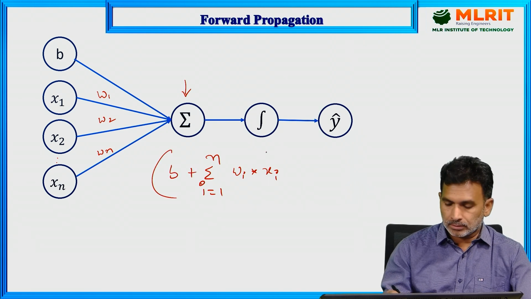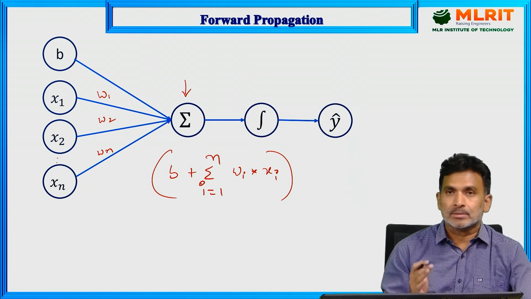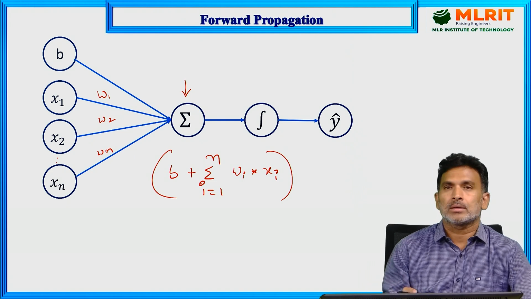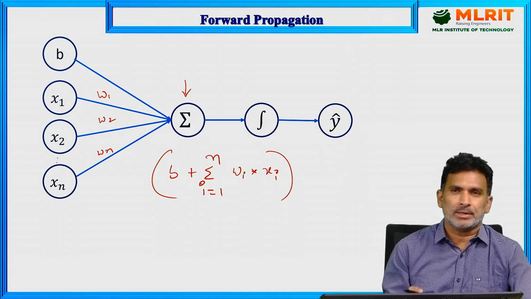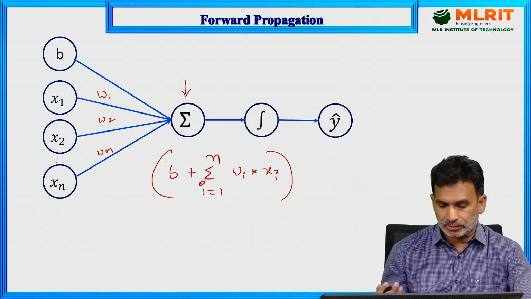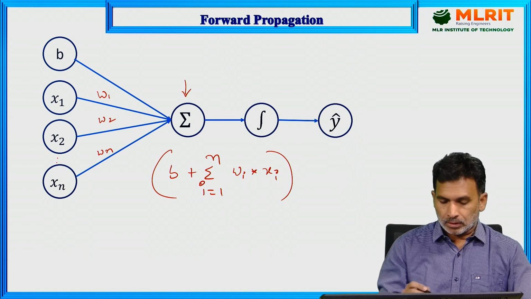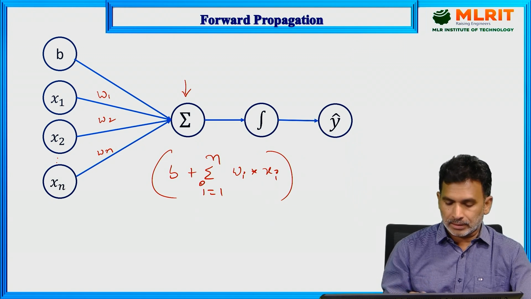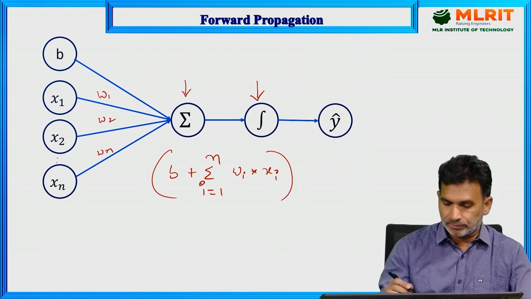So this is the operation that is done. Any neuron will be in two states, the pre-activation and the activation states, that we will discuss in a couple of minutes. So we find the weighted sum, add the bias term, and then give it to the activation function. This is a non-linear activation function.